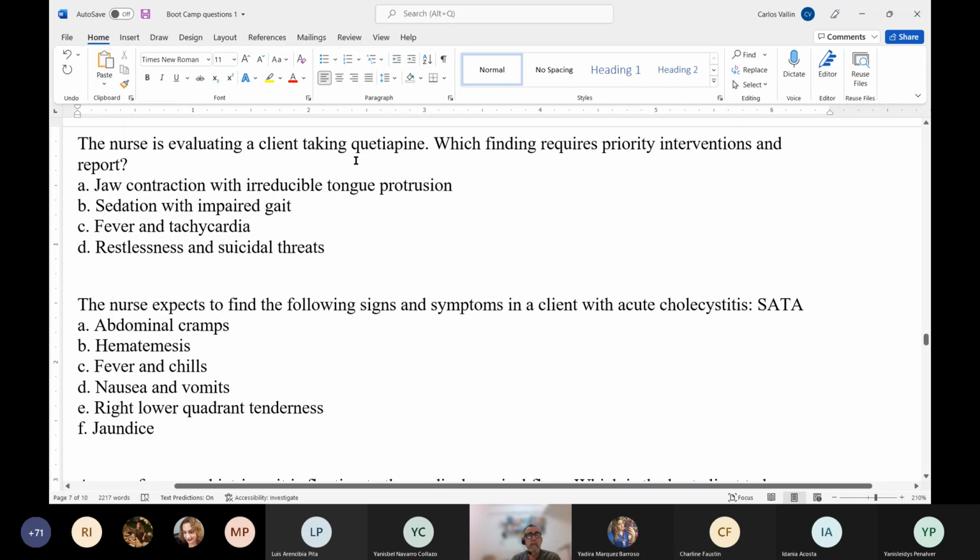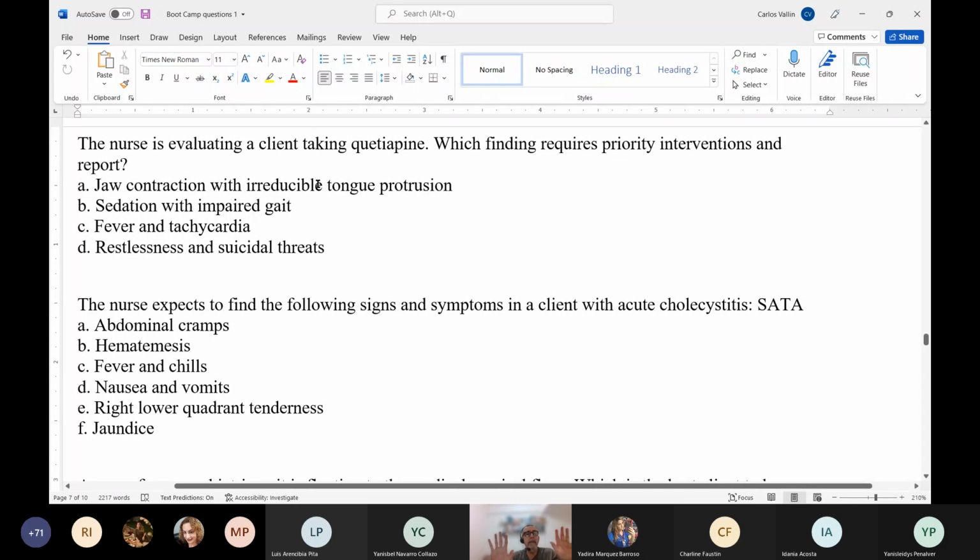Maybe by instinct you say, oh my goodness, because of the symptoms: restlessness, suicidal threats, sedation, impaired gait, dystonia, jaw contractions and protruding tongue, which is an acute dystonia, one EPS. It must be an antipsychotic medication.